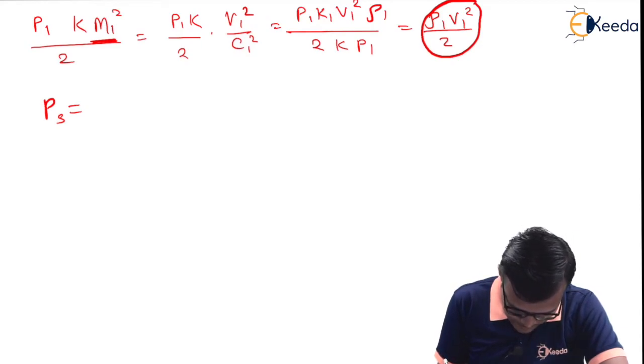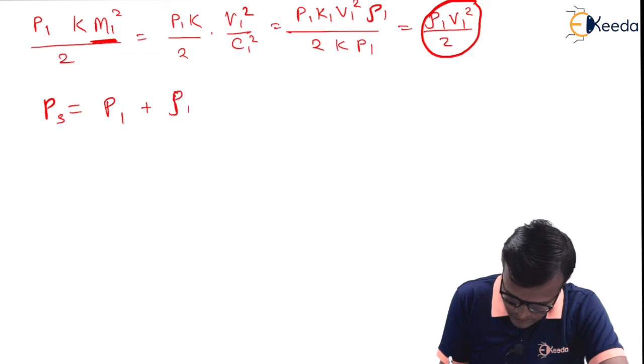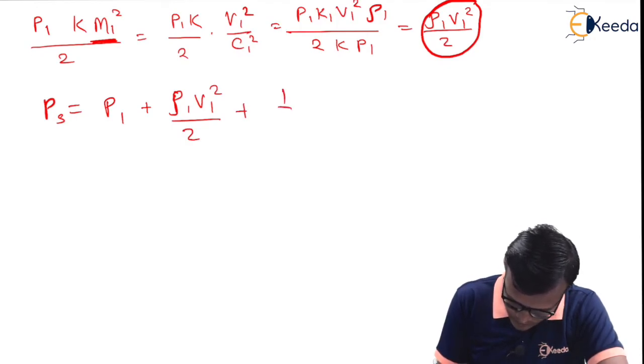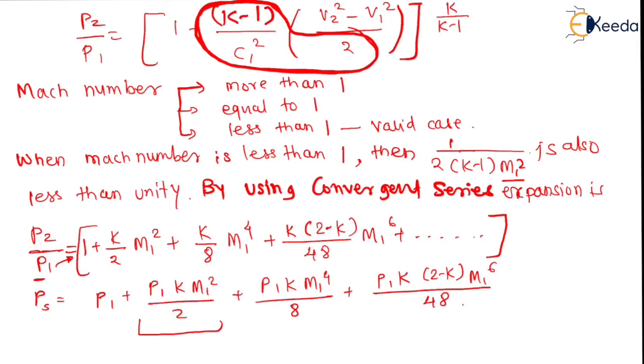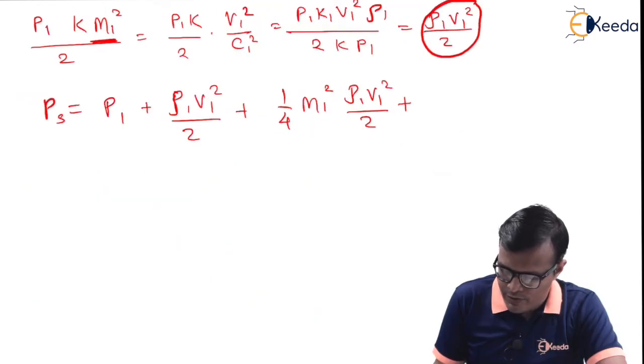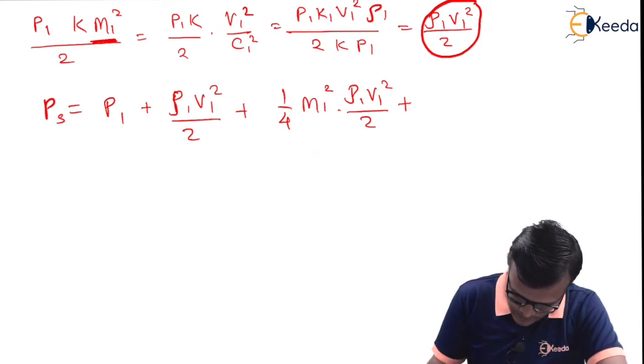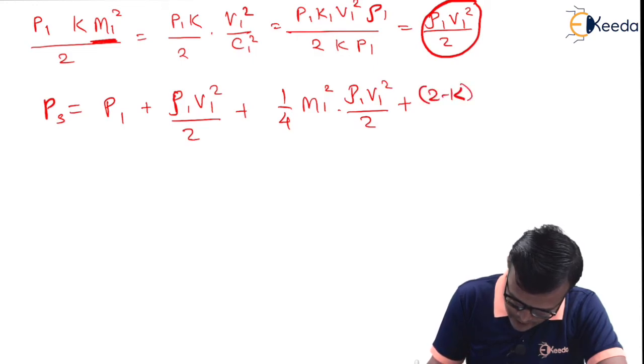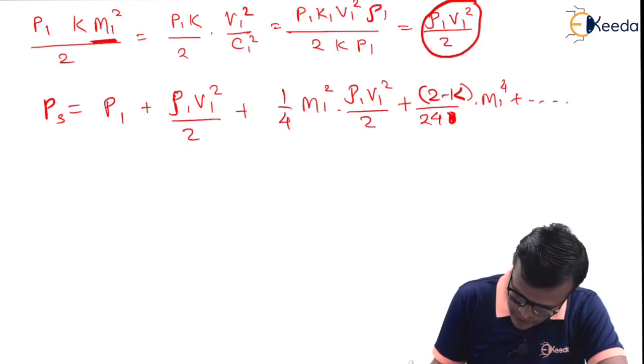So I will have the value as P1 plus rho 1 V1 square upon 2 plus 1 by 4 M1 square rho 1 V1 square upon 2 plus, in this term this M square upon 2 will get reduced and it will become M1 square upon 4, plus (2 minus K) divided by 48 divided by 2 becomes 24, into M1 raised to 4 plus so on.